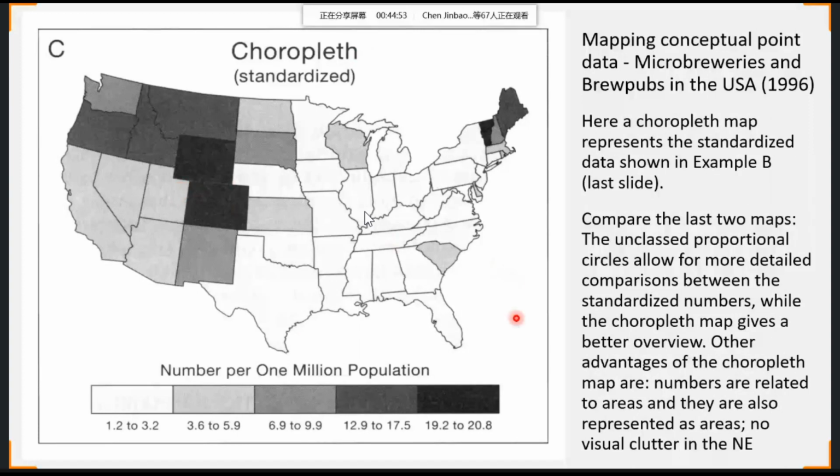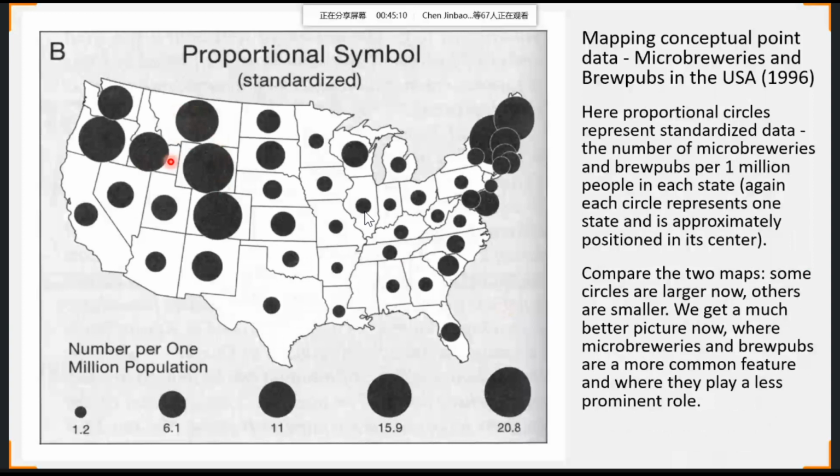Therefore, it has more advantages, in fact, to use the choropleth map. But of course, it's also a disadvantage or an advantage for the proportional symbol map. Here you can better compare the sizes, because here, remember, what's better to represent quantities.